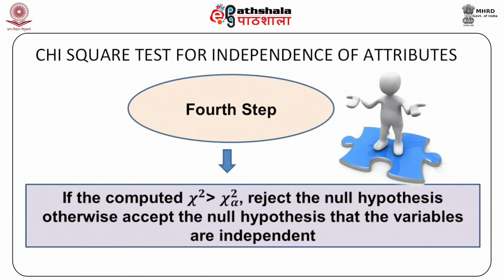And the last step is, if the computed chi-square for alpha is greater than the tabulated chi-square for alpha, then reject the null hypothesis, otherwise accept the null hypothesis that the variables are independent.